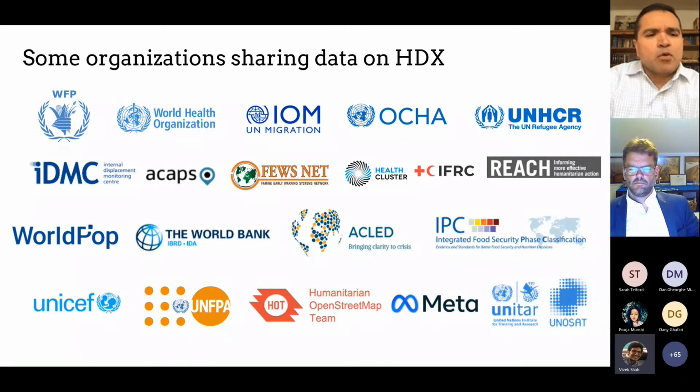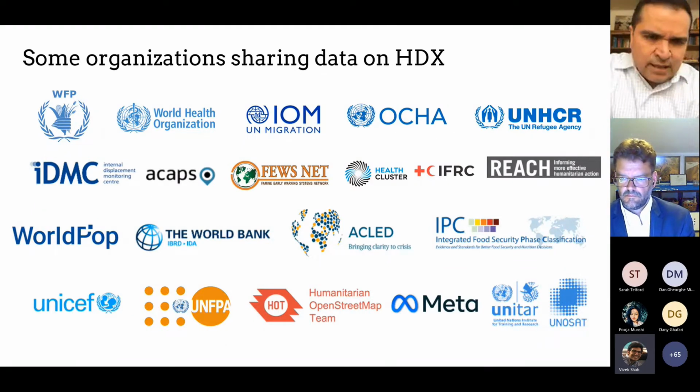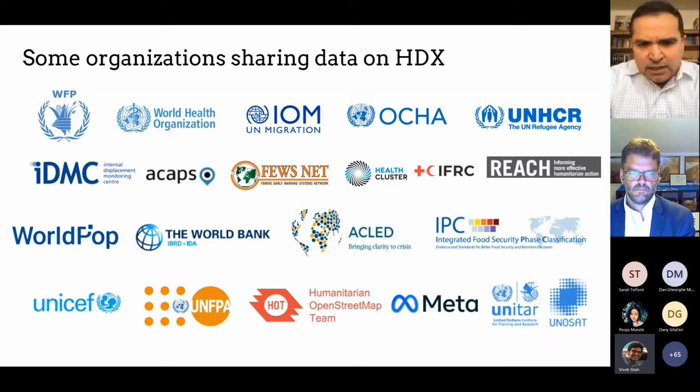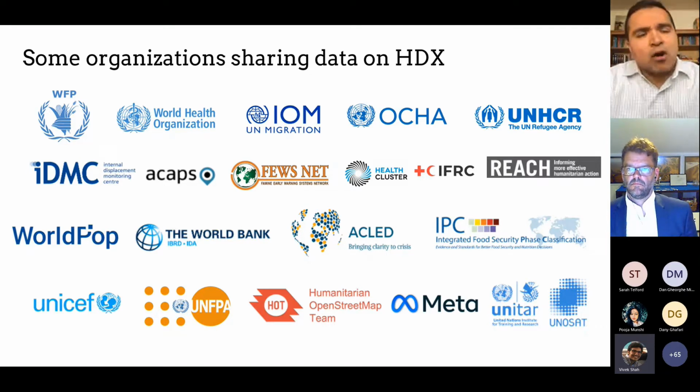Today, there are a bit more than 300 organizations, and I put this slide just to illustrate some of the great partners that we have had since the inception of HDX. I wish I could put all of them, but the slide is a certain size. For example, as Sarah was mentioning before, WFP has been sharing data about global food prices, so you can go to HDX and find global food prices at the market level for a bunch of countries.